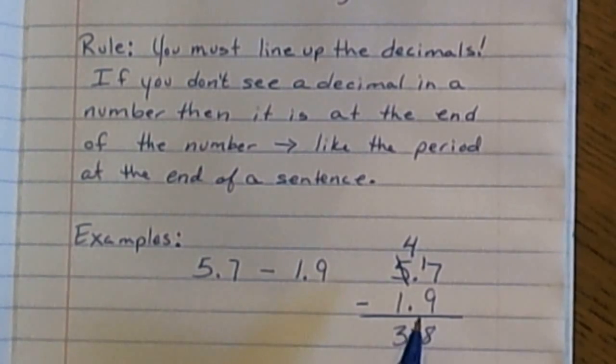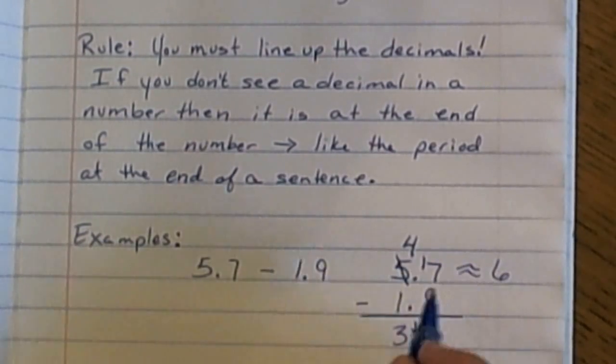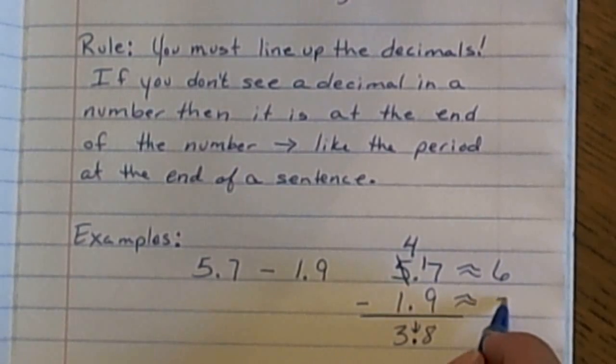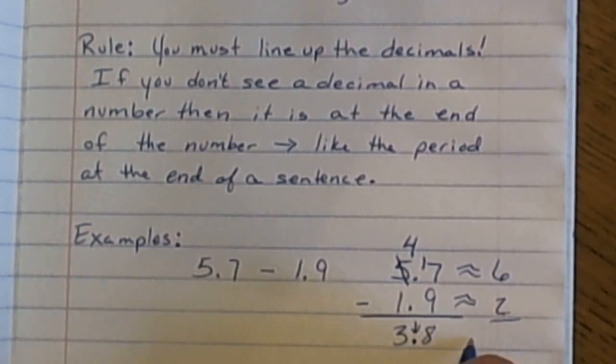If you had done the 5-step process and you had said 5.7 is almost 6 and 1.9 is almost 2, you would know that 6 minus 2 is almost 4.